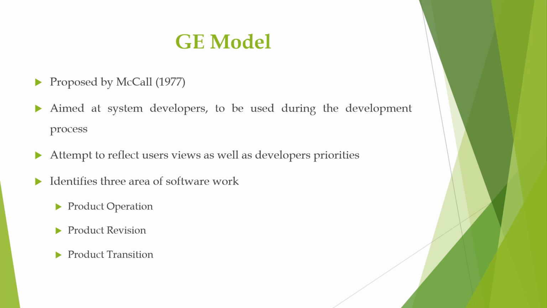However, in an early attempt to bridge the gap between users and developers, the criteria were chosen to reflect the users' view as well as developers' priorities. So here we have two different persons.